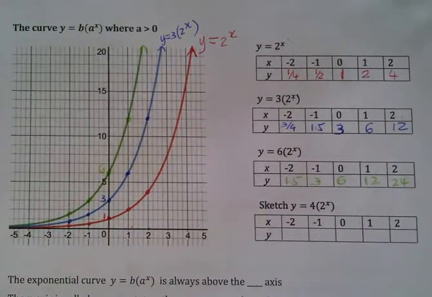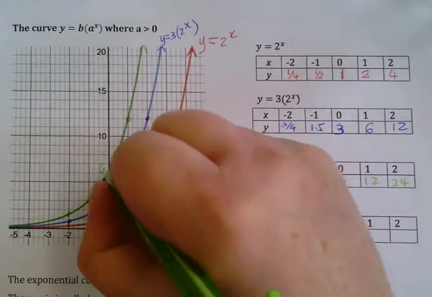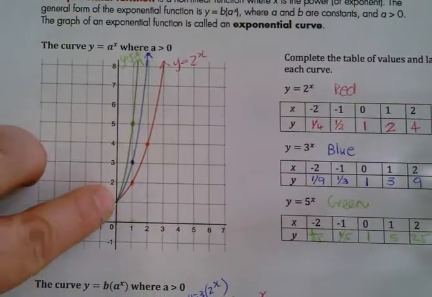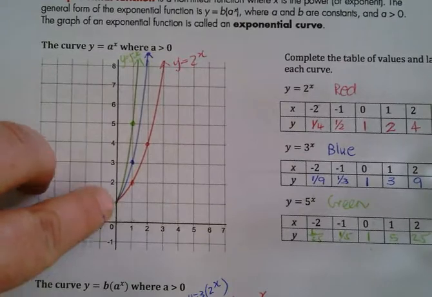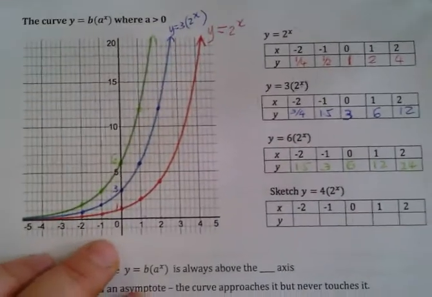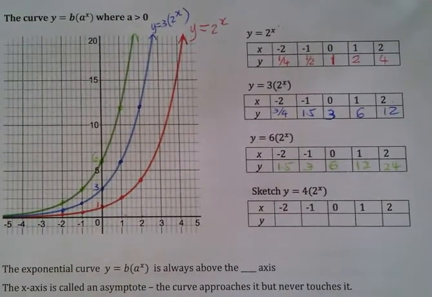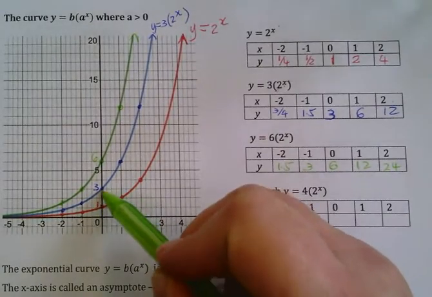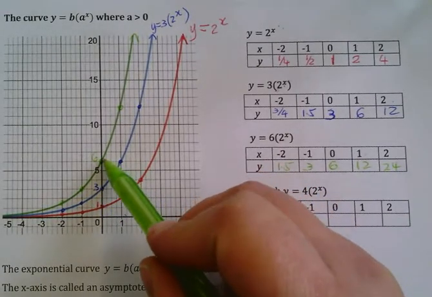Now, what do you notice about where these graphs cut? When you look at the curve above, they all cut through at the point 0, 1. But this time they're cutting at a different point. This one cuts at 1, this one cuts at 3, and this one cuts at 6.